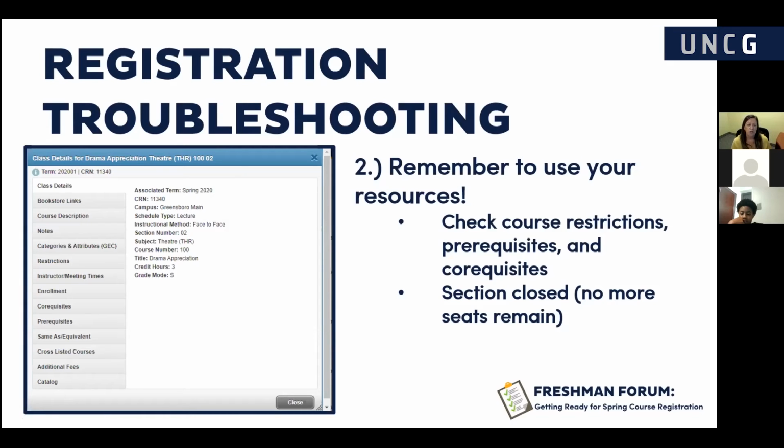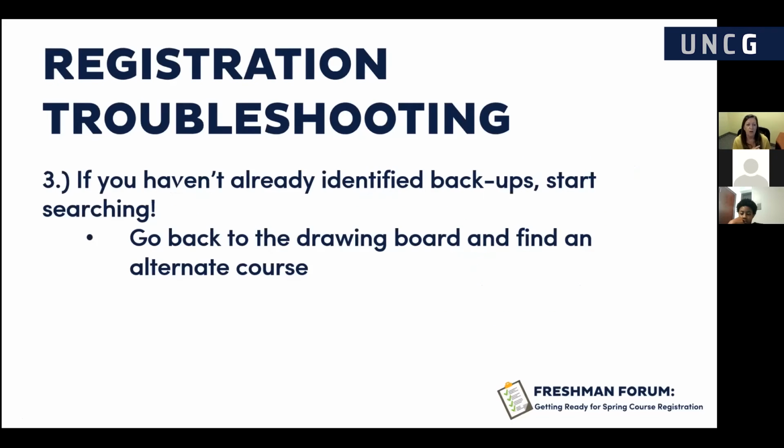And then additionally, if you try to add classes, another common thing that students encounter is a section closed error. What that means is essentially that there are no seats remaining in a course. If that happens, you need to fall back on your backup classes or your alternates.